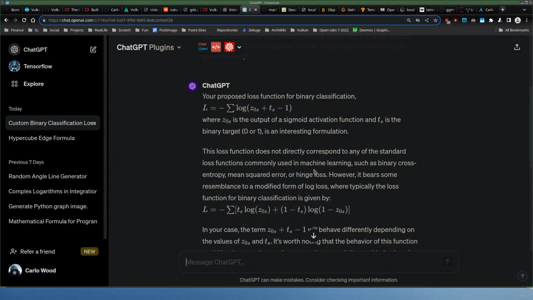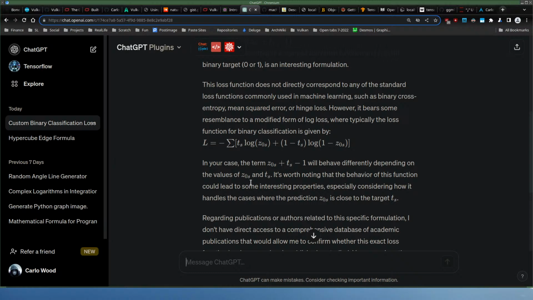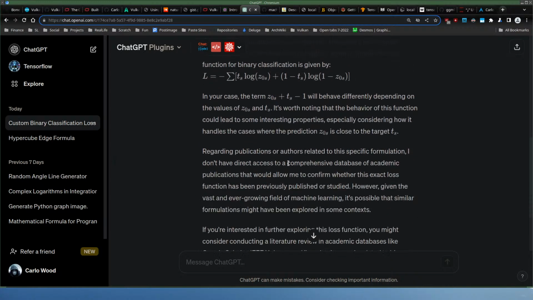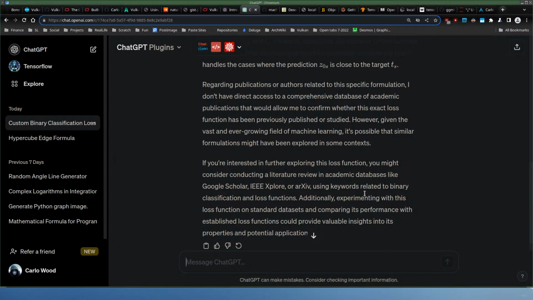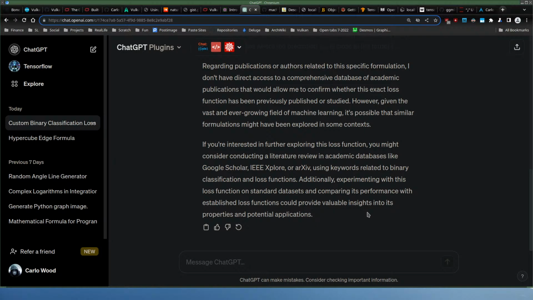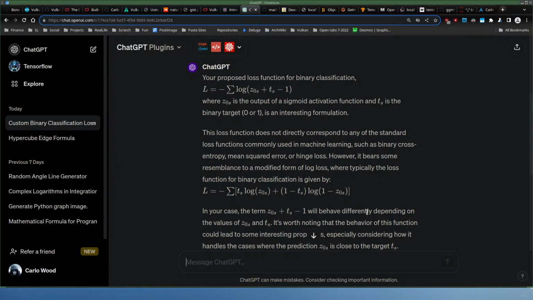So I just inverse this. Yeah, my formula is bullshit.